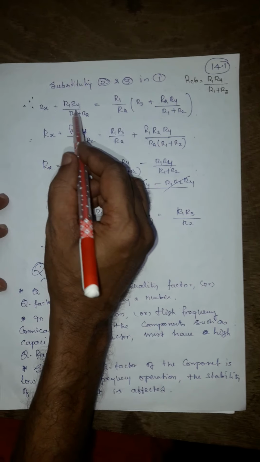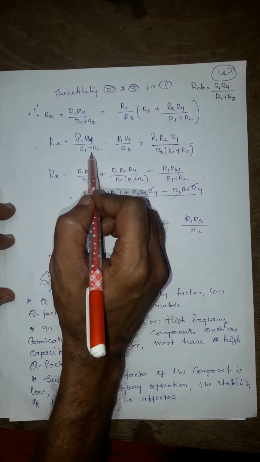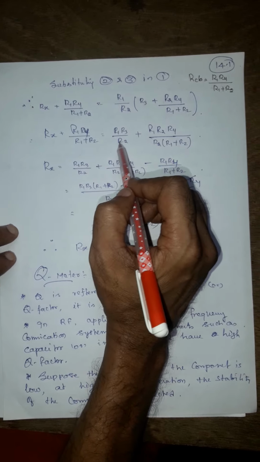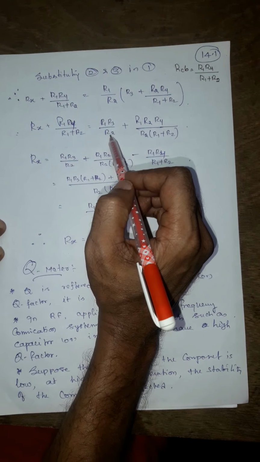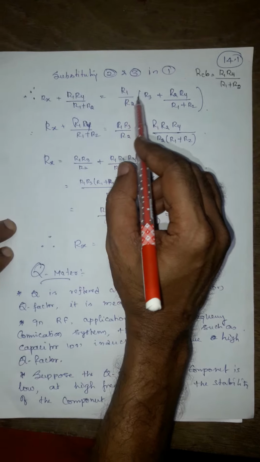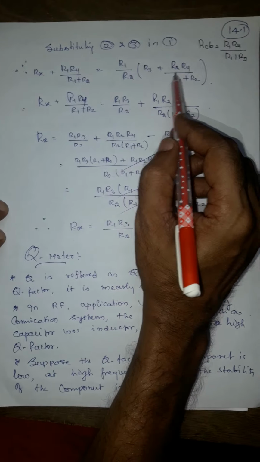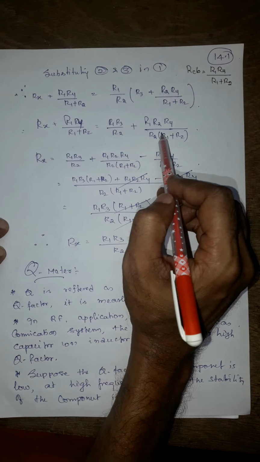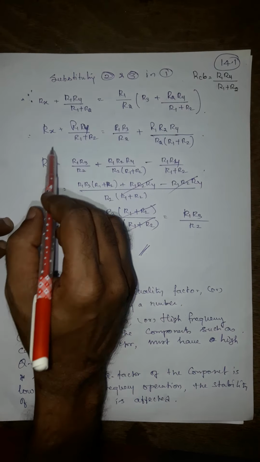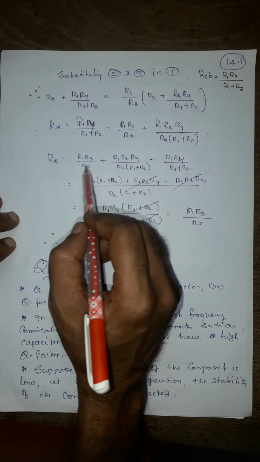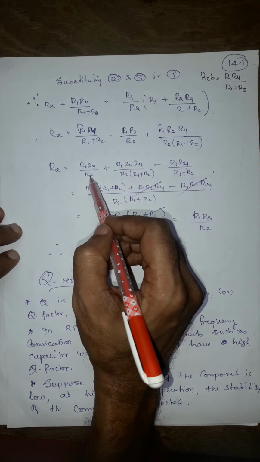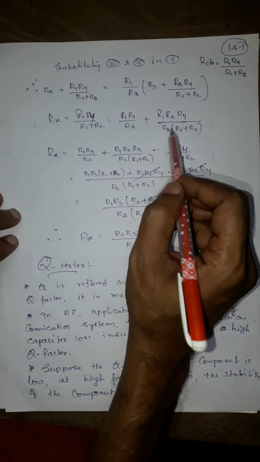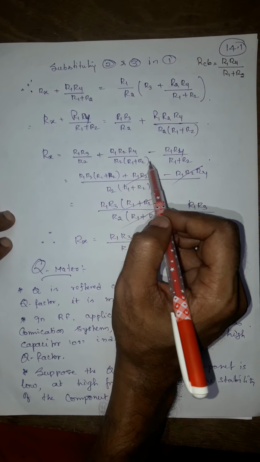Multiplying these terms, Rx plus R1 Ry divided by R1 plus R2 equals R1 R3 divided by R2 plus R1 R2 Ry divided by R2 into R1 plus R2.